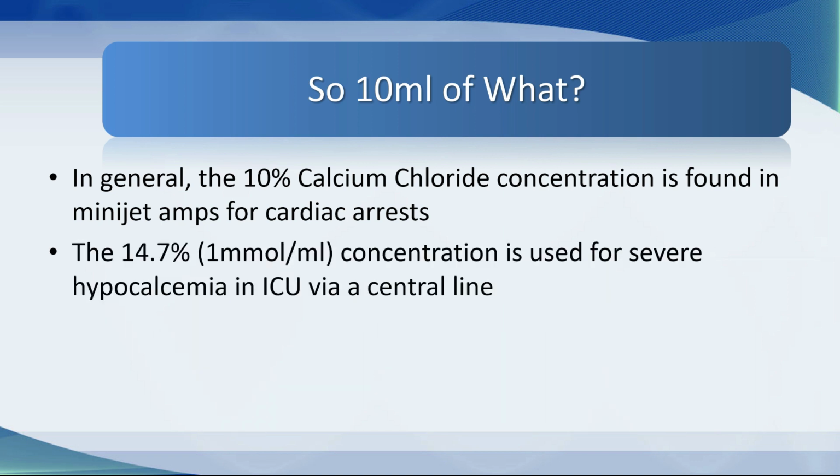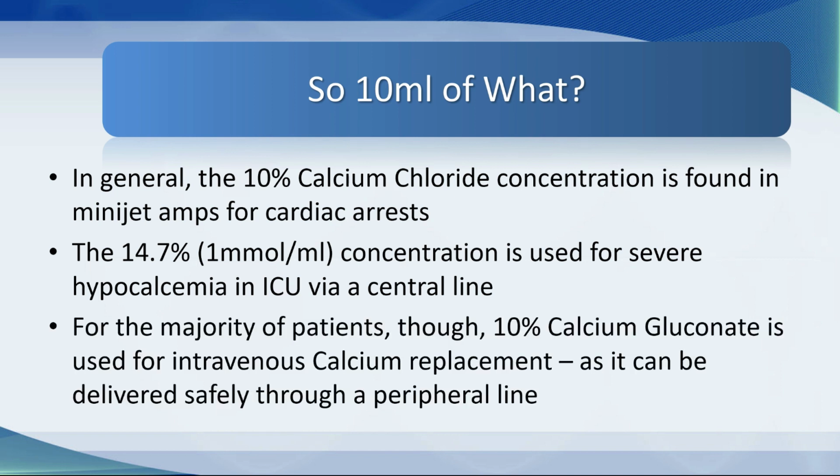The 14.7% or 1 millimole per mil concentration, it's used for hypocalcemia in the ICU, generally via a central line. If the patient is in a high dependency area, you certainly could use this as well. But for the majority of cases, 10% calcium gluconate is used for intravenous calcium replacement. It can be delivered very, very safely through a peripheral line.